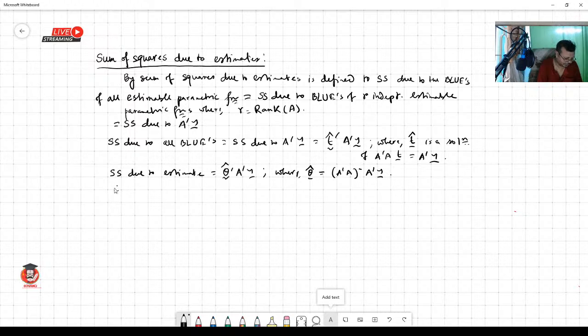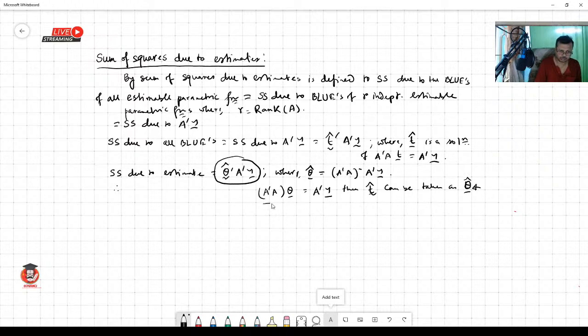Therefore, one thing I want to mention: if you look at the normal equation A prime A theta equals A prime y, then t can be taken as theta hat, which is a solution of the normal equation.